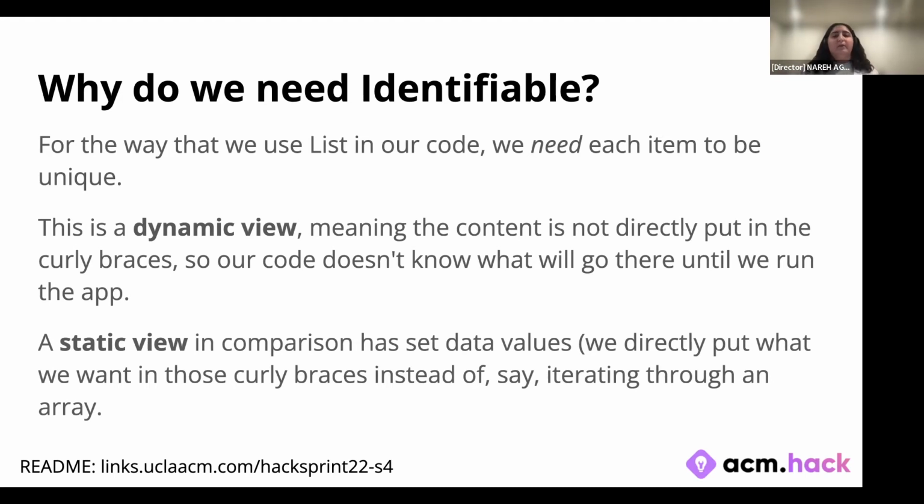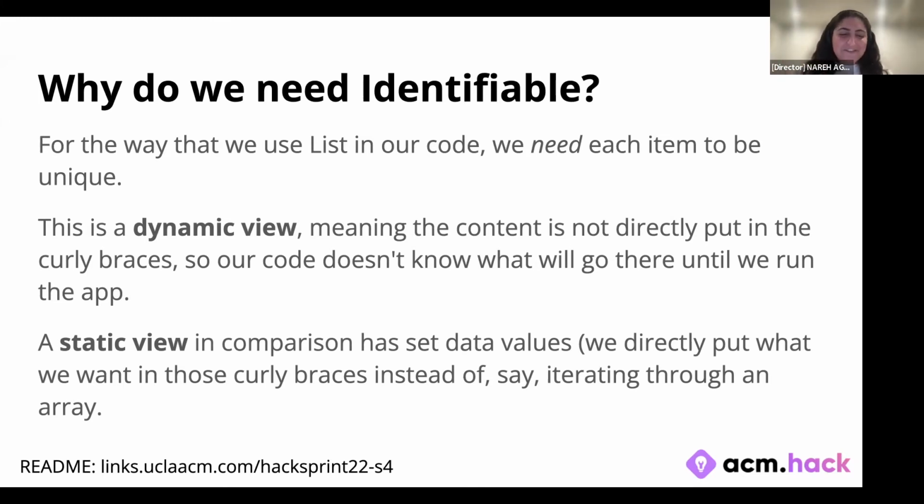But since we want to iterate through the array and display each thing from that chipmunk, then we need to use identifiable. And while it may not seem super important right now, since we only have 3 chipmunks, it's actually really great once you get very long arrays or a lot of data values, or in the next session, we may see this come into play as well when we fetch.